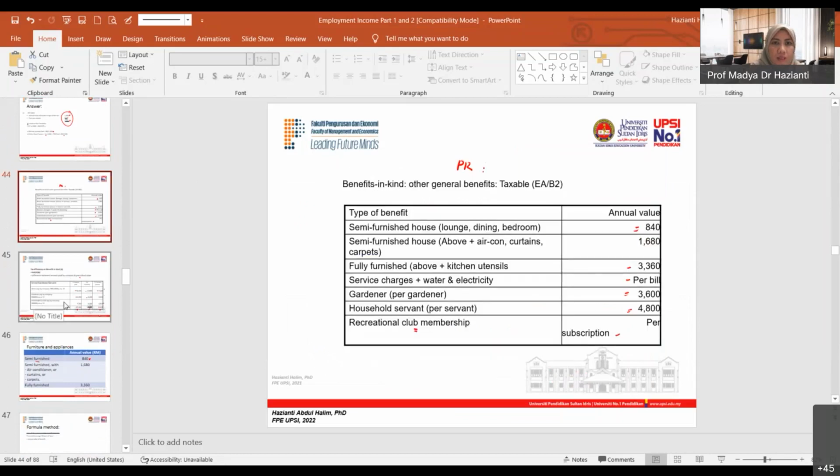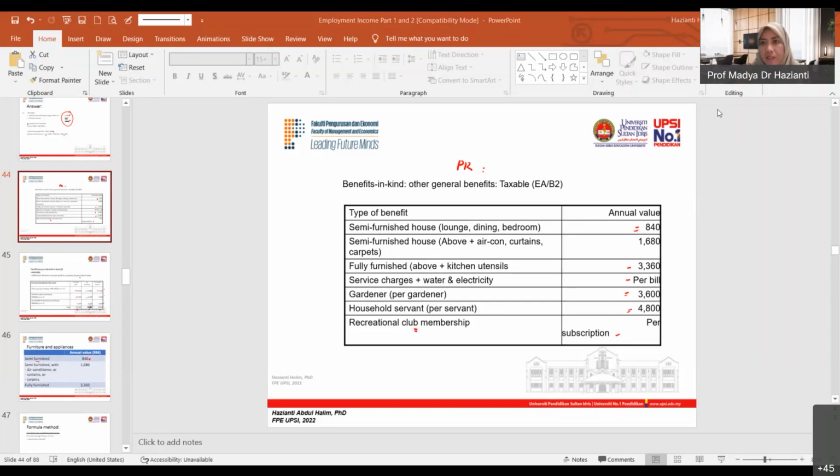Look at the furniture. Okay, here. Fully furnished. Like I said, for section 13(1)(b), we only look at the keyword. Untuk section 13(1)(c), kita nak tahulah dia rental berapa, unfurnished punya amount berapa. But for 13(1)(b), keyword dia ni je. Kalau dia kata semi-furnished, you ambil figure sebelah ni.